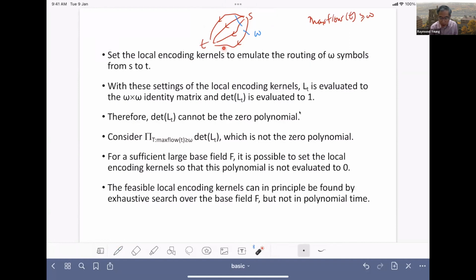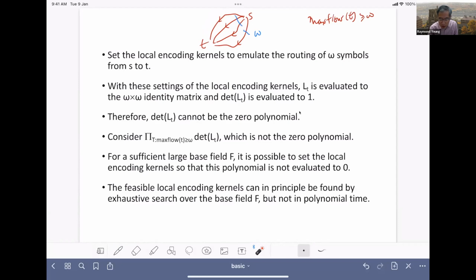Now, routing, as I mentioned, is a special case of network coding. Specifically, what I'm saying is that you can set the local encoding coefficients for the network code so that it mimics the routing mechanism.